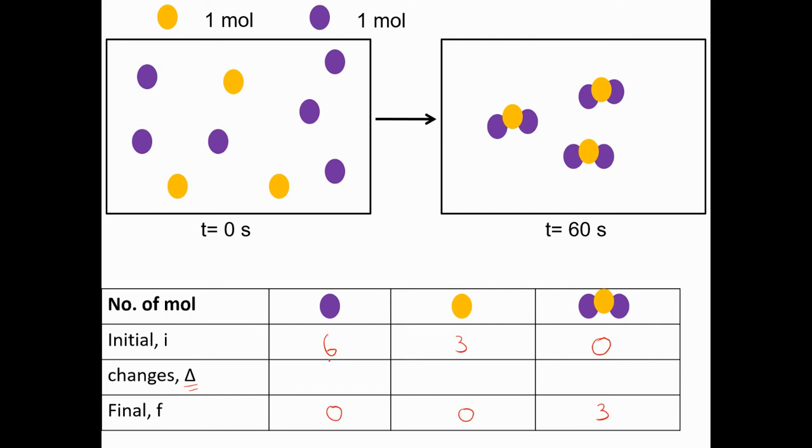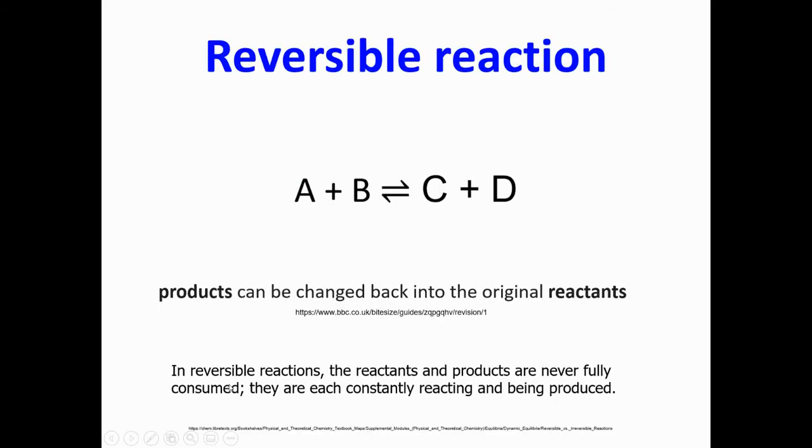For the purple atom, minus 6 because it has been reduced by 6 moles, and for the yellow, reduced by 3. The product is just forming, so it is formed by 3 moles. So finally, we have 0 moles of reactant because they completely reacted, and 3 moles of product. So this is how we fill the table.